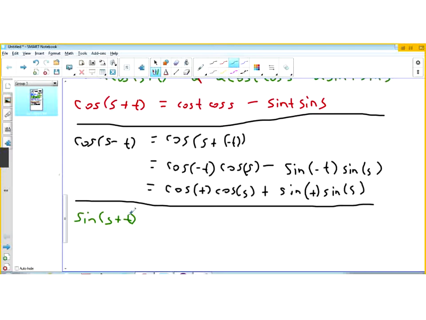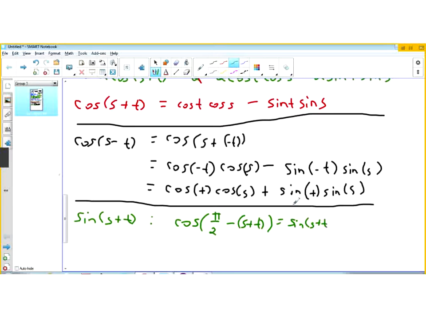Now, we know from the cofunction identities, we had a cofunction identity, right? We know that the cosine of pi halves minus s plus t is equal to the sine of s plus t.